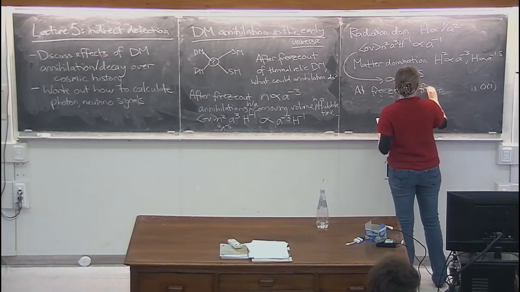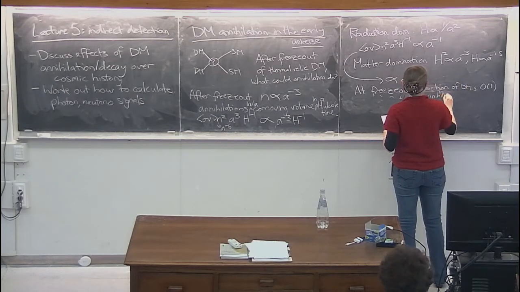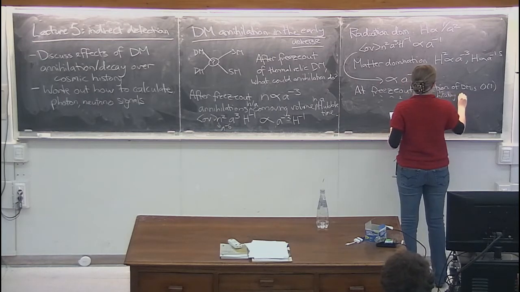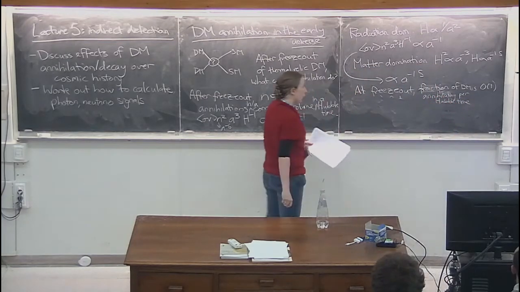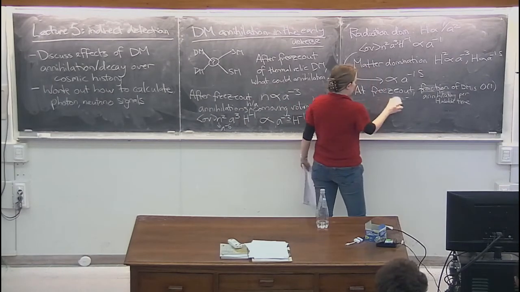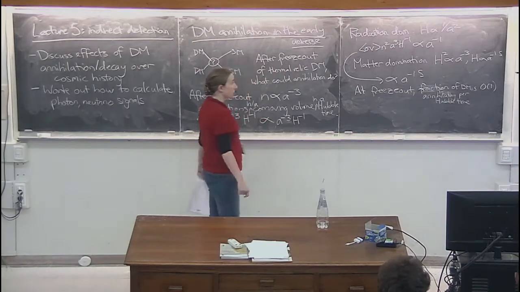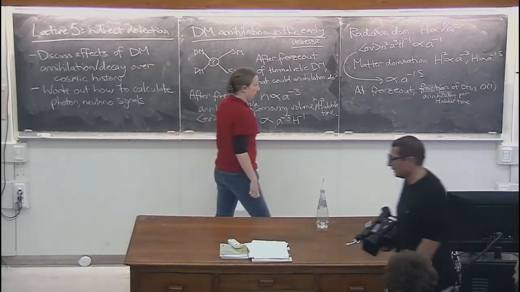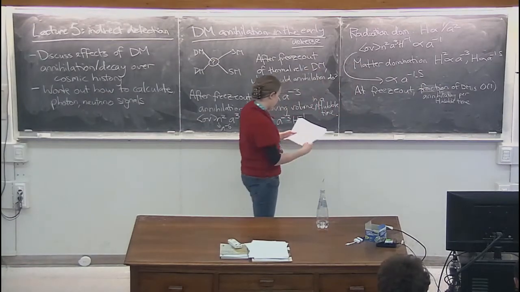The fraction of DM annihilating per Hubble time is order 1. At times after freeze out, the fraction of dark matter that annihilates per Hubble time is going to just scale like 1 over a until matter radiation equality, and then it's going to fall a bit faster, like a to the minus 1.5.